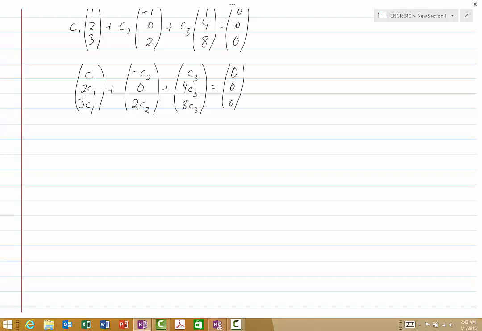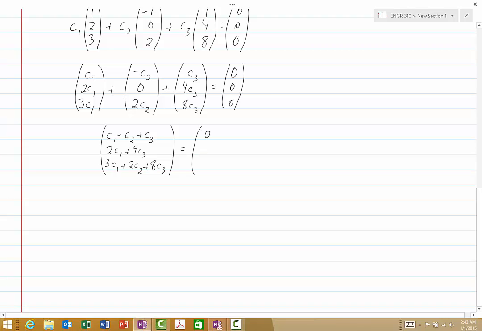And now if we add up the three vectors on the left-hand side, we get C1 minus C2 plus C3, 2C1 plus 4C3, and then 3C1 plus 2C2 plus 8C3, and that vector is equal to 0, 0, 0.